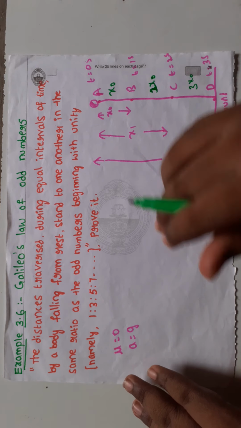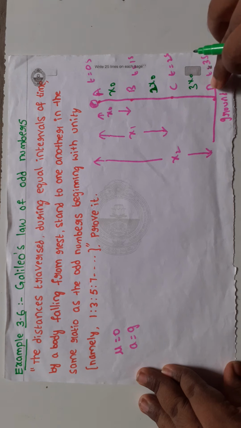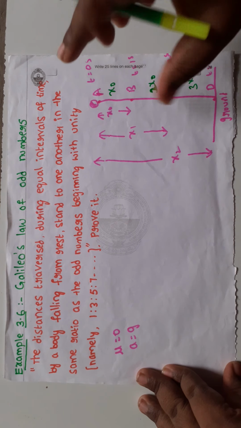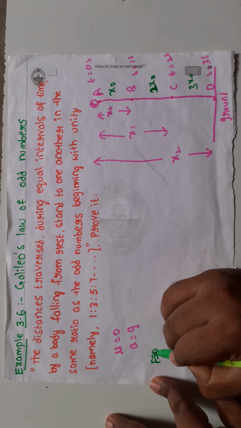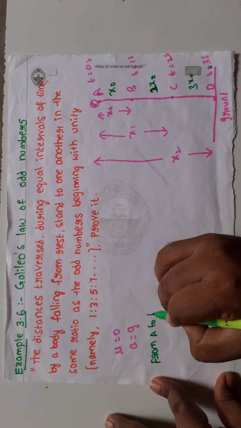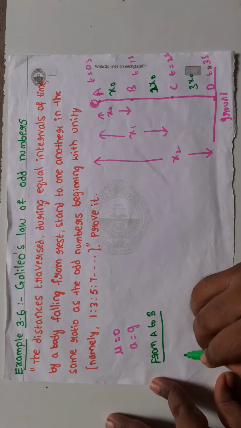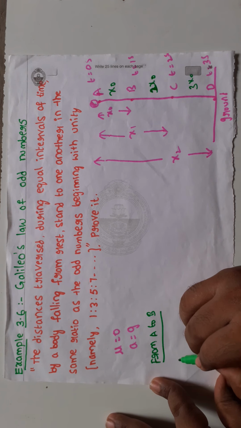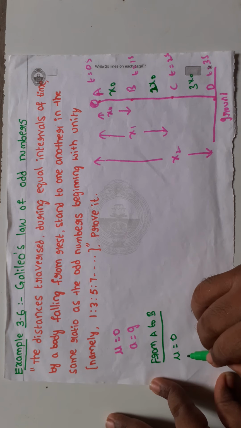Here we are going to find the distances from A to B, A to C, and A to D. So first of all, from A to B. What are the values from A to B? The initial velocity is always 0.